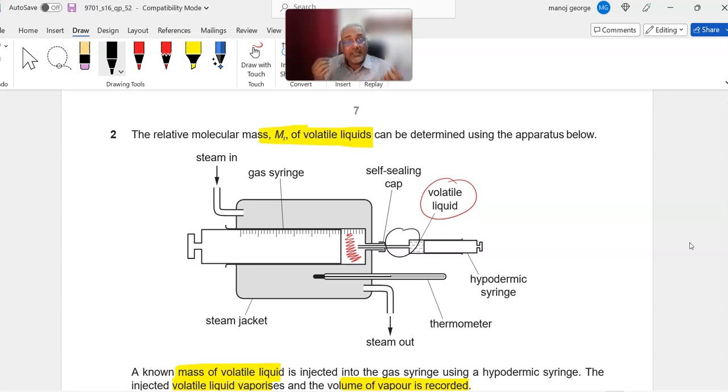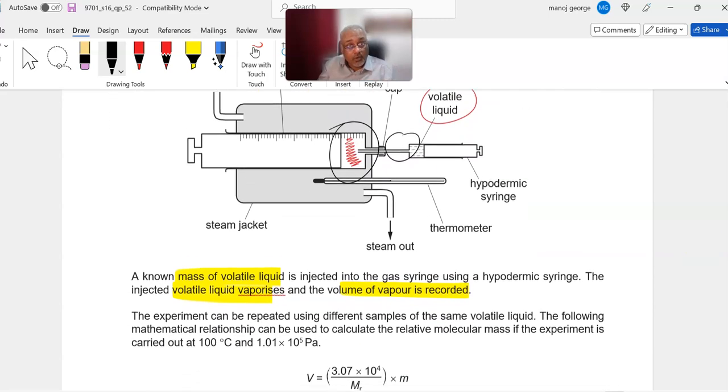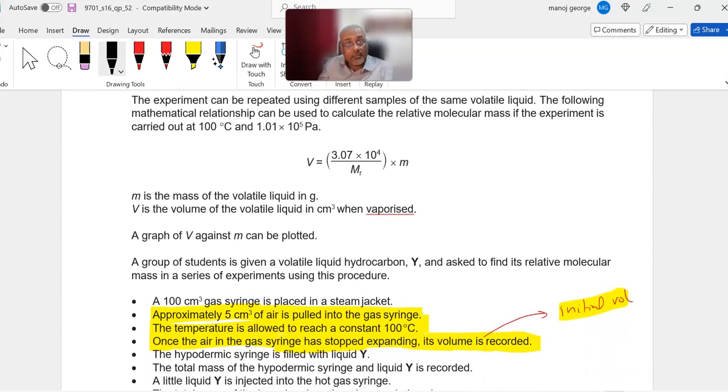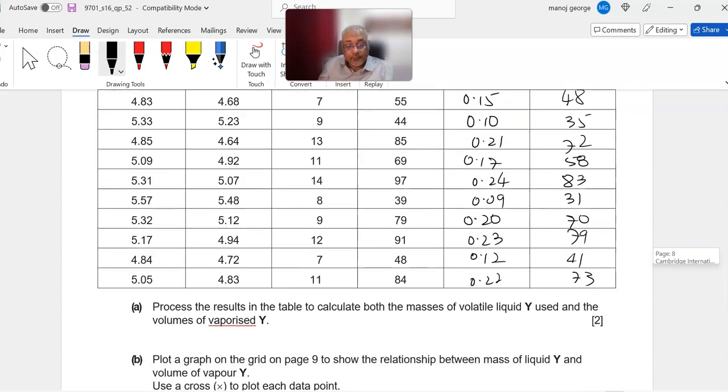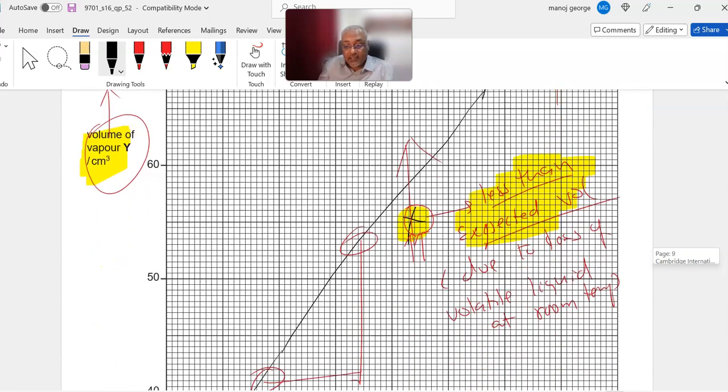That means there might be a tiny drop of that highly volatile liquid there, and that liquid will evaporate and therefore cause an error in the total volume of gas that you would record here. That's the problem. That's why you are getting less than expected volume of the vapor, because some liquid might have escaped as vapor.